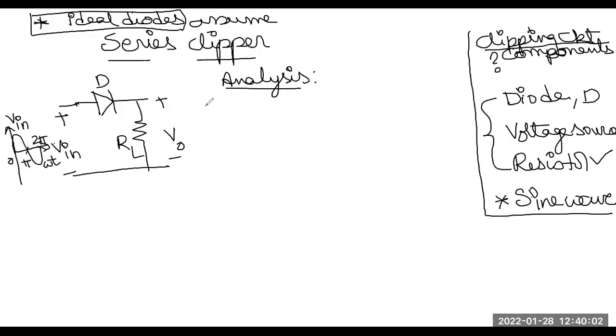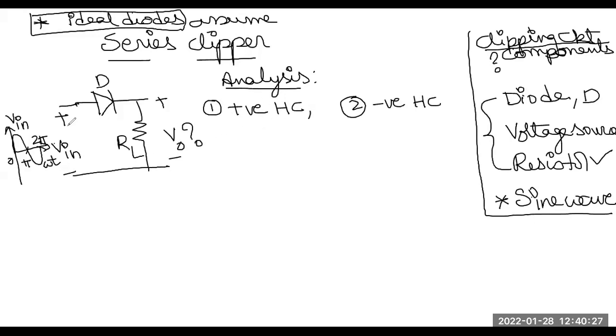If you are able to analyze your input waveform for both half cycles, then you can know the output. So first let me take the case of the positive half cycle.